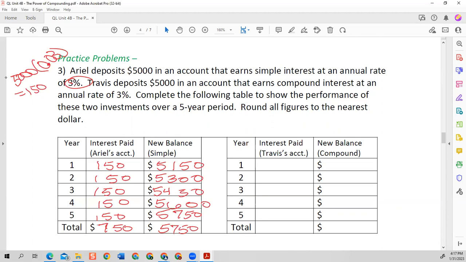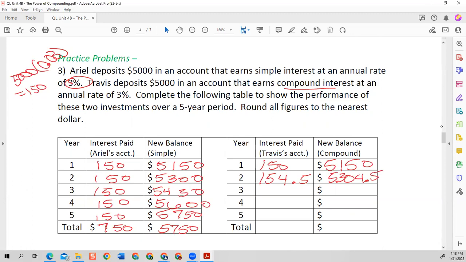Now let's figure out this other one. Okay, we're going to compound the interest. We'll start at 5,150, and then we're going to take that 5,150 and multiply it by 0.03, right? And that's going to tell me my new compounded interest. We're going to add it to that, and it gives me 5,304.50.